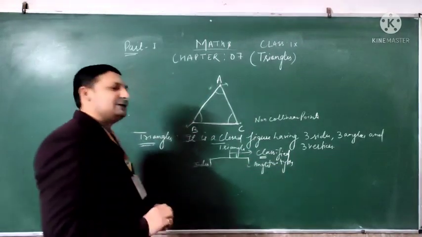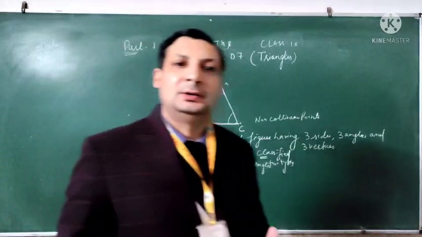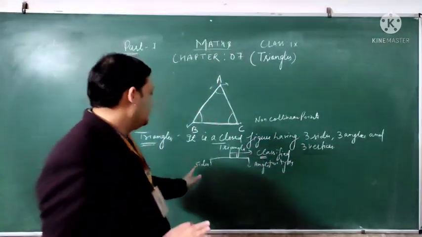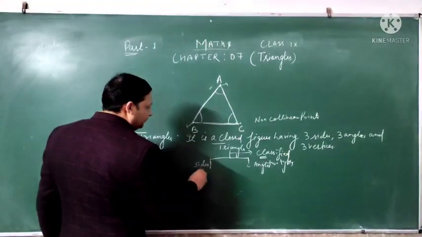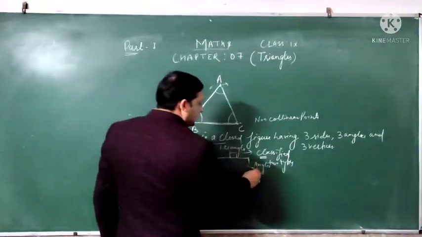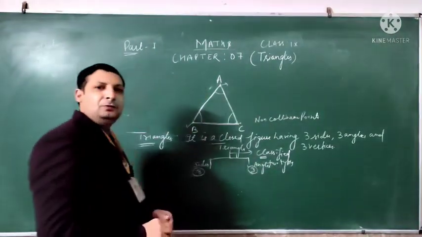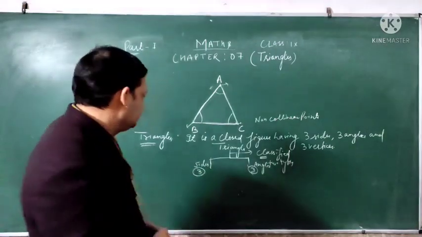So it means we have classified the triangle into 2 parts, on the basis of sides and angles. On the basis of sides we have 3 types of triangles, and on the basis of angles we also have 3 types of triangles.